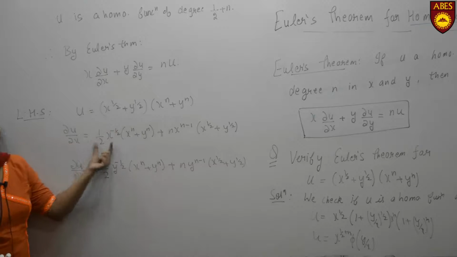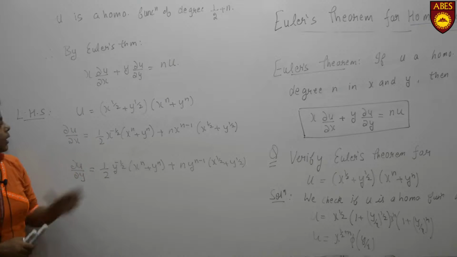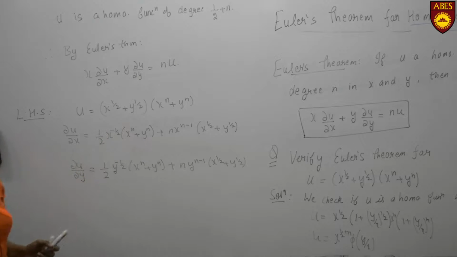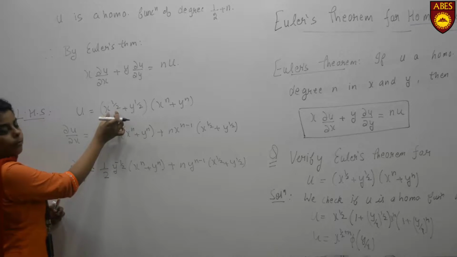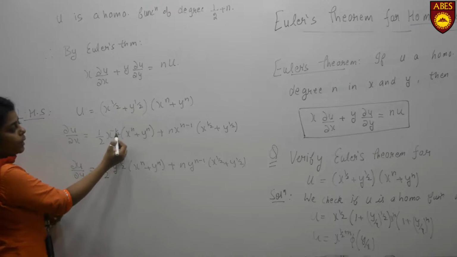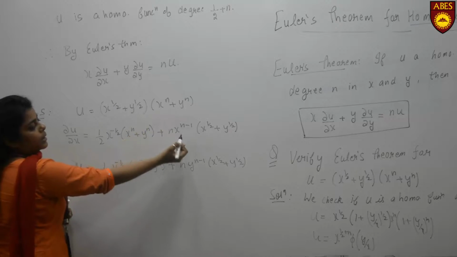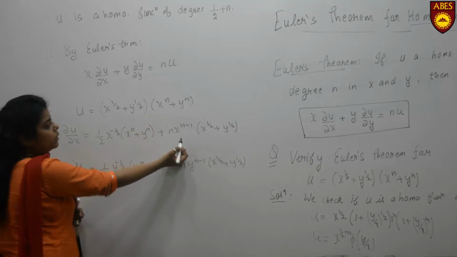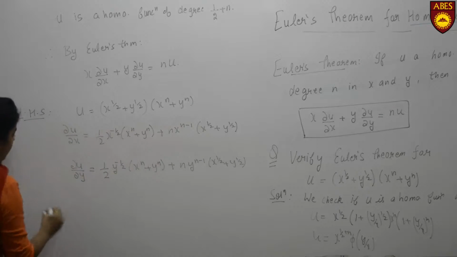I've differentiated the term u partially with respect to x using the product rule. So considering the first equation, differentiation of x to the power half is 1 by 2 x to the power minus half, second part as it is, plus differentiation of x to the power n over here, first term as it is. Similarly, del u by del y.